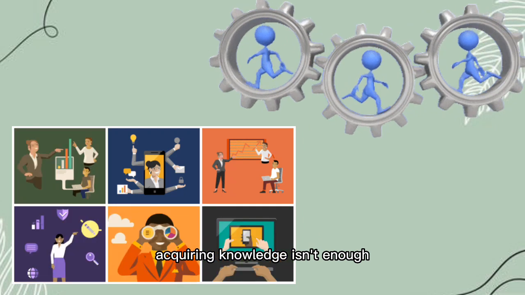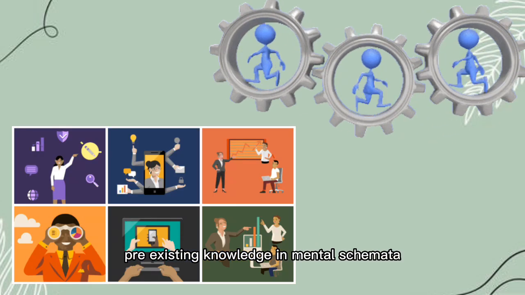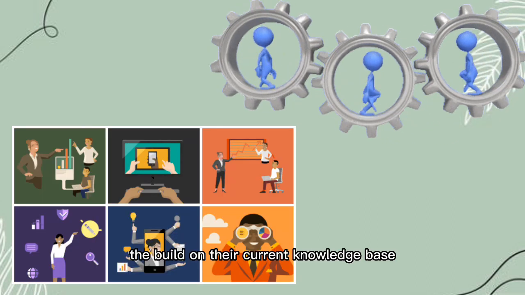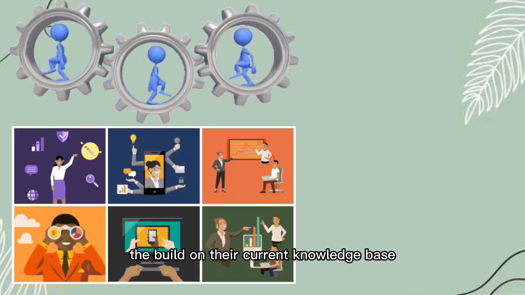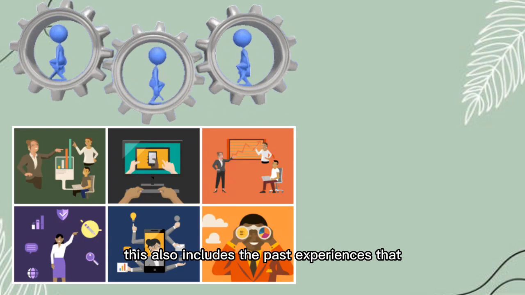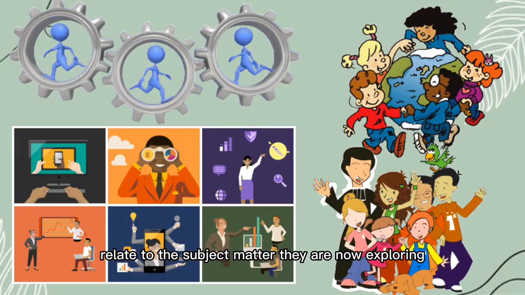Acquiring knowledge isn't enough. Learners must also be able to link it to pre-existing knowledge and mental schemata. In other words, to build on their current knowledge base, which is also known as scaffolding, this also includes the past experiences that relate to the subject matter they are now exploring.